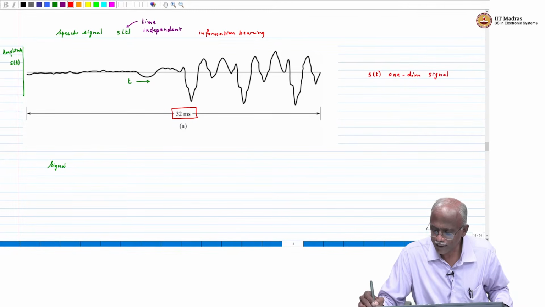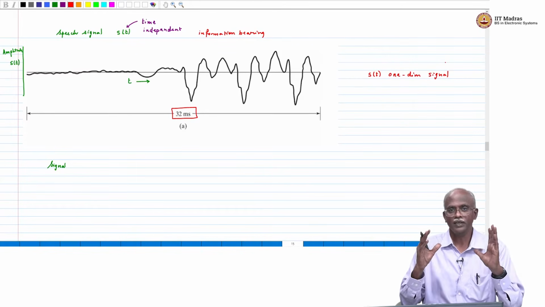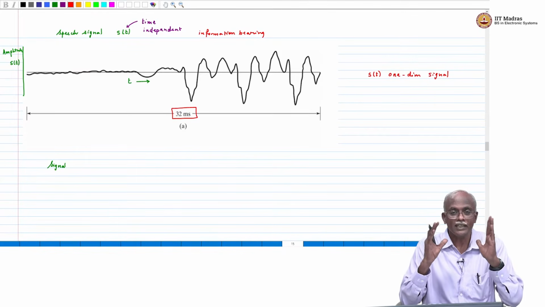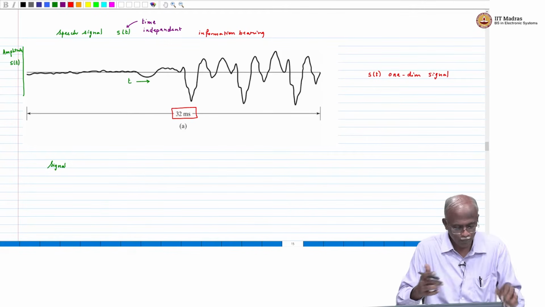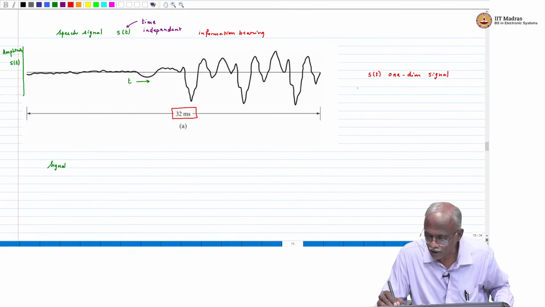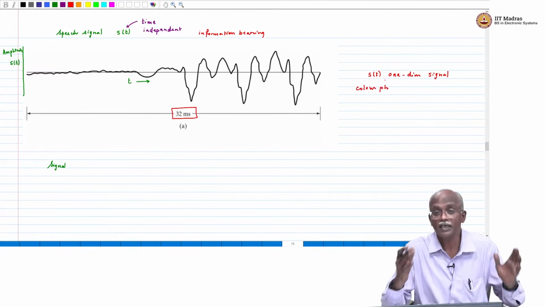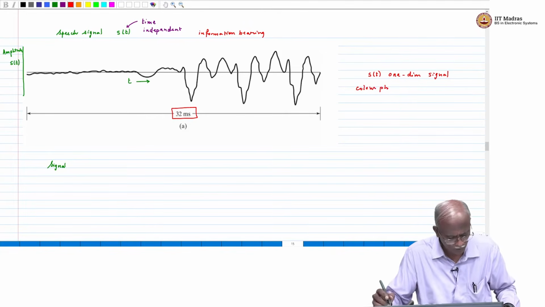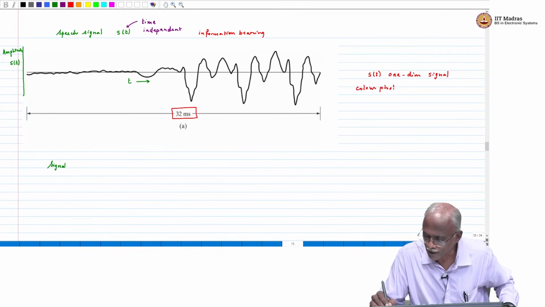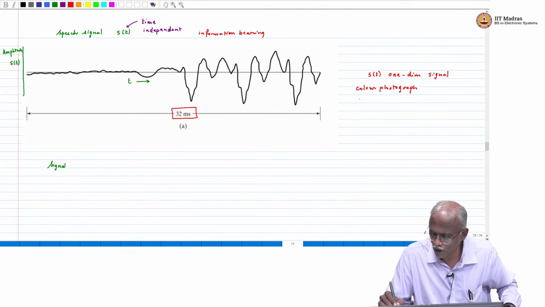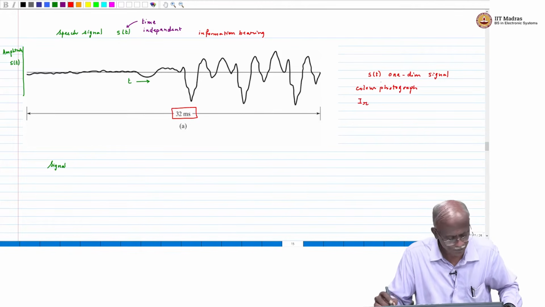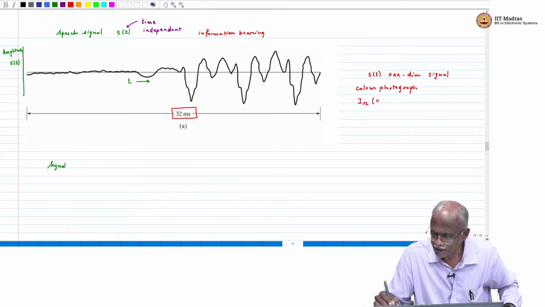Now, if you had a color photograph, okay, the color photograph in the signal processing inside of the processor will be represented by three functions. So a color photograph can be represented in terms of the red information x comma y.